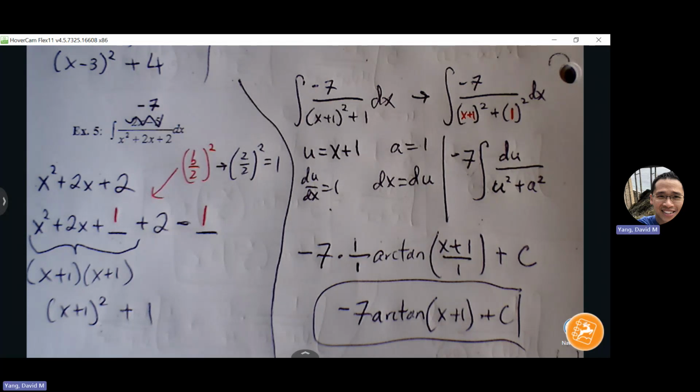So I do want to point something out here where you can instantly tell whether this could be a candidate for an arc trig, either arcsine, arctangent, or arc secant. And I want to go back to the first page. I want to point out some things where you can look at a problem and tell, wait, this is probably going to be an arc trig problem, versus a normal u substitution problem.